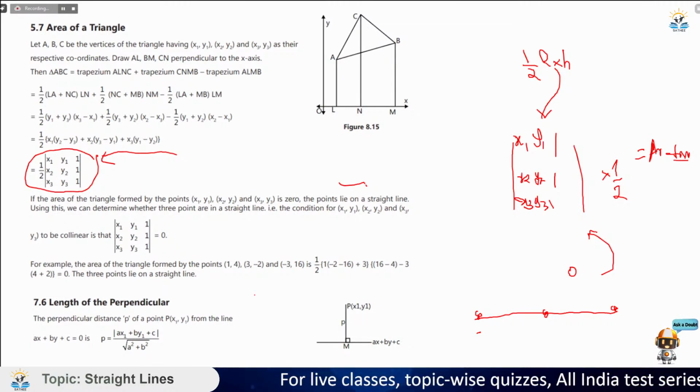Using this, we can determine whether these 3 points are in a straight line or are collinear or not.